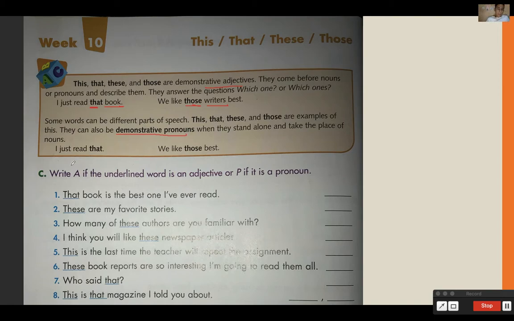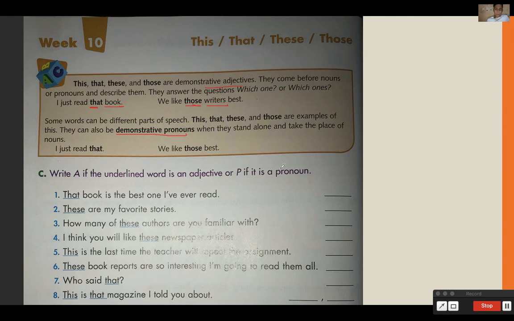Por ejemplo, write A if the underlined word is an adjective or P if it is a pronoun. Miren. Escriba A si la palabra subrayada es un adjetivo o P si es un pronombre. Recuerden que si es un adjetivo es porque está acompañado de un sustantivo.